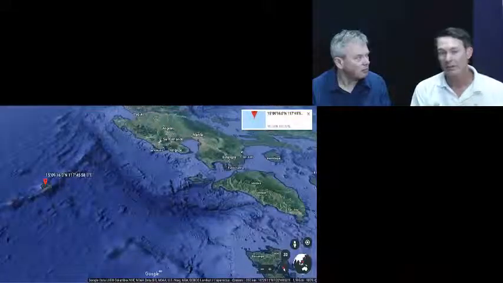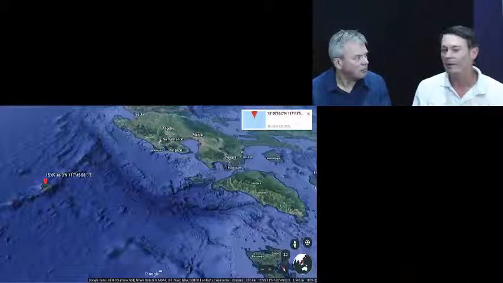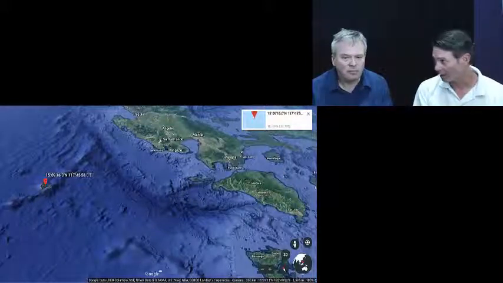Sure. So Scarborough Shoal is a geographical maritime feature that consists of a large coral reef formation with a massive internal lagoon. There are a number of rocks that surround the lagoon that are above water at high tide.